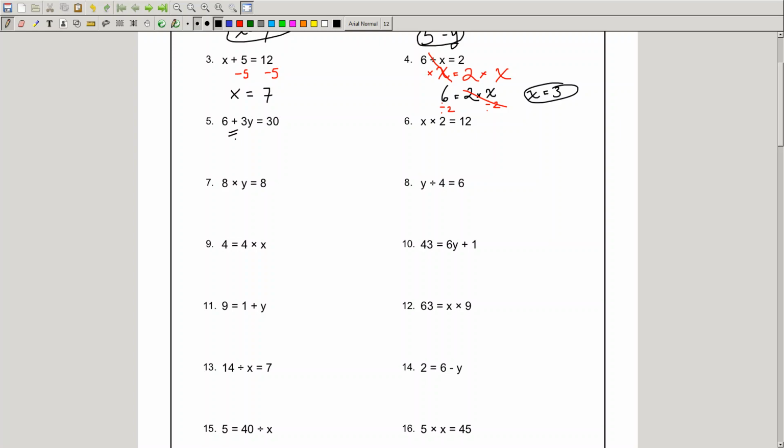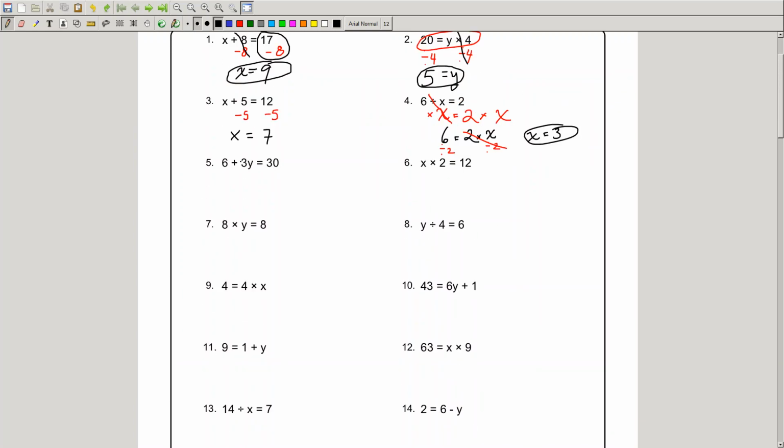Here I'm adding 6, so first, in reverse order, I'm going to subtract 6 from both sides. Let's do that. That will eliminate the 6 on the left, and it'll leave me with 3y.